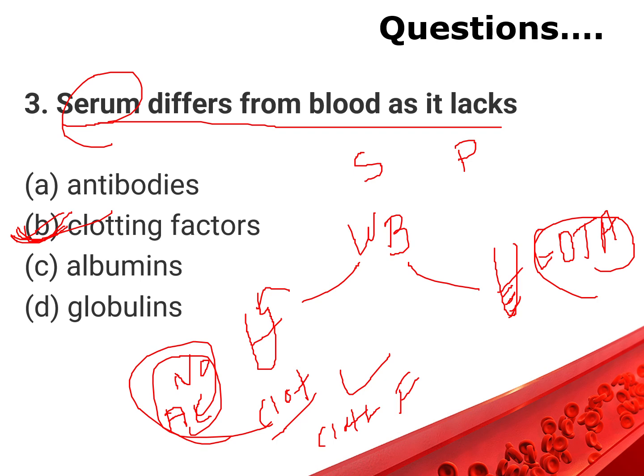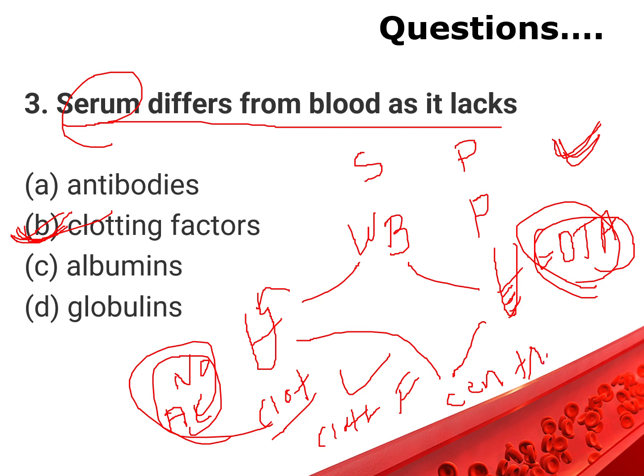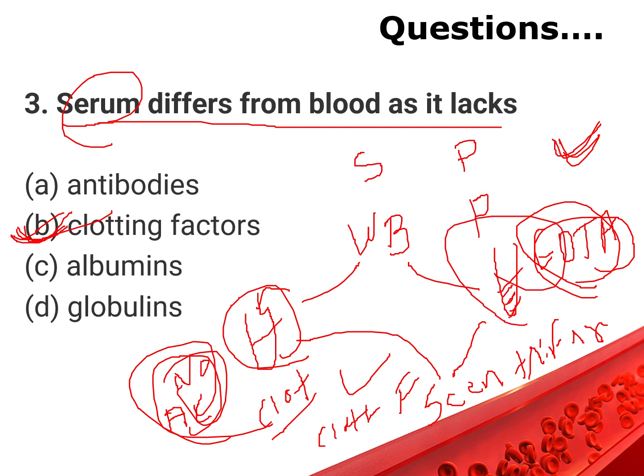The next thing, whenever we use anticoagulants like EDTA, the clotting factors are chelated, but they are present inside the plasma. So whenever we centrifuge both tubes, from the no-anticoagulant vial we get serum, and from the EDTA or anticoagulant-containing vial we get plasma.